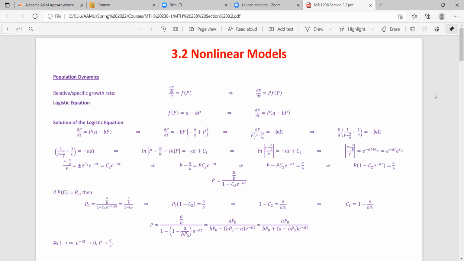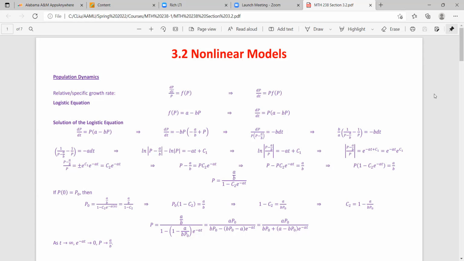Then the top just becomes AP0 if you cancel the B, and in the denominator, it becomes BP0 minus (BP0 minus A) times e to the negative at. Or you can distribute the negative sign to get BP0 plus (A minus BP0) e to the negative at. So that's the solution to the initial value problem.